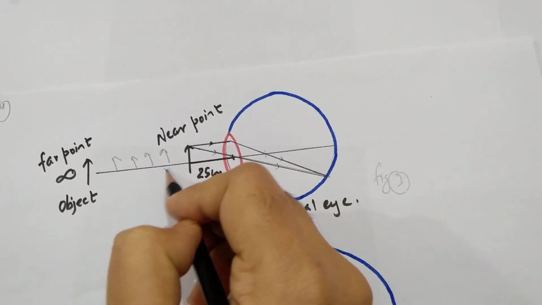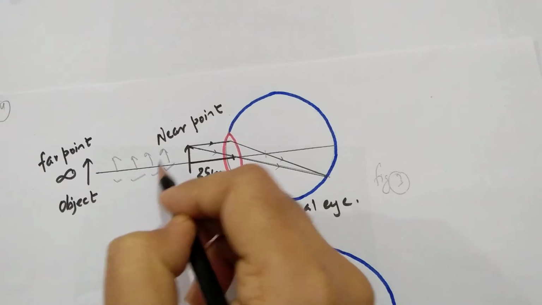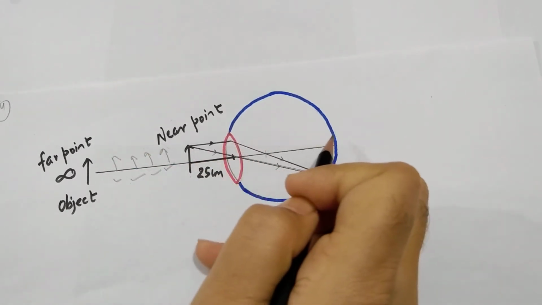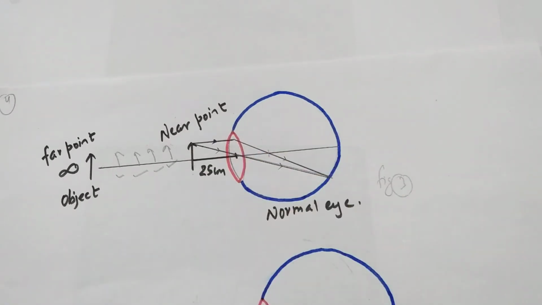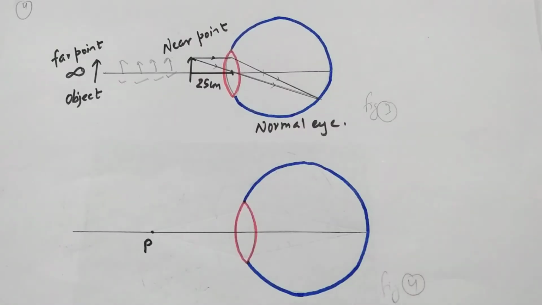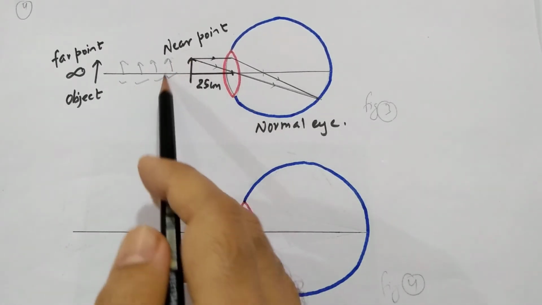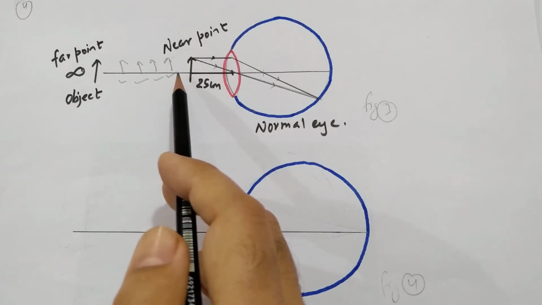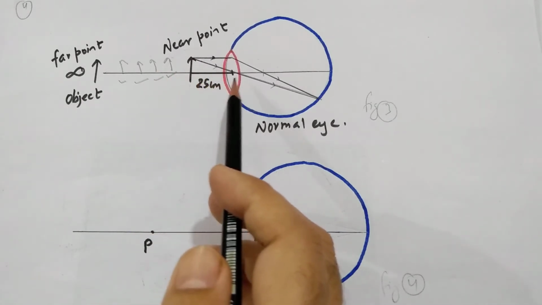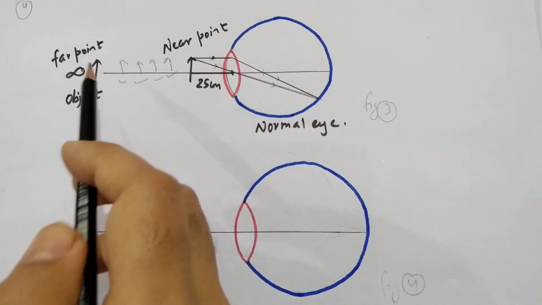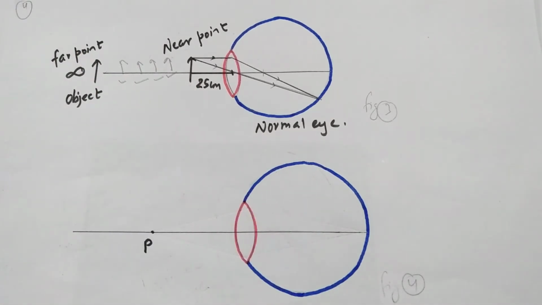Be your object here, it doesn't matter. The image of this object can be formed at this retina for a normal eye. But for the short-sighted eye, its near point is okay. I mean it can form a clear image of the object at the near point, but it has a problem with the far point.